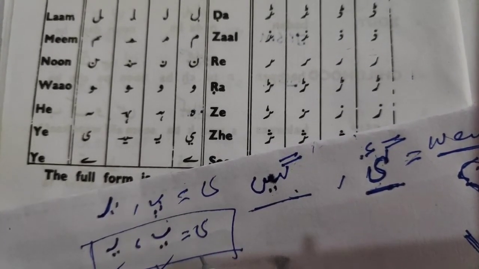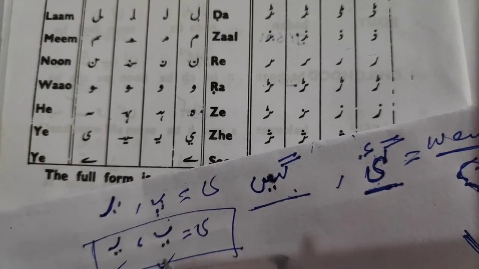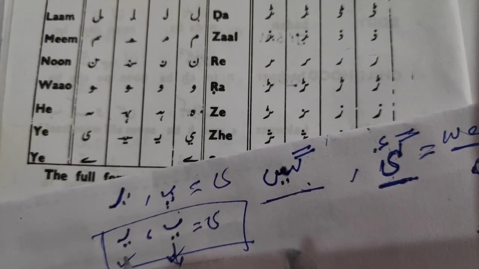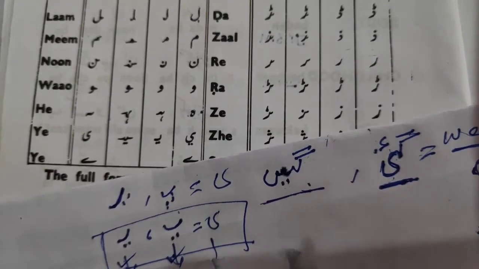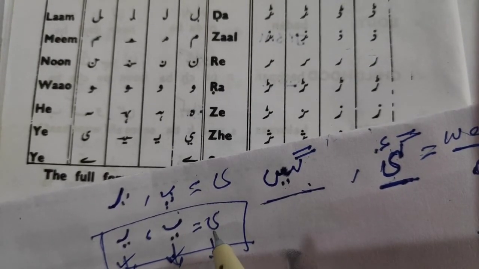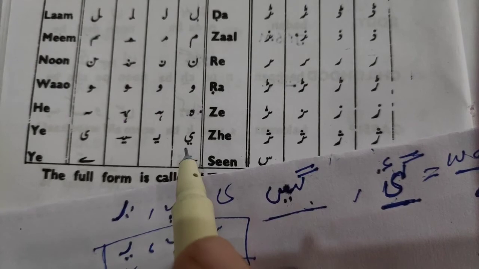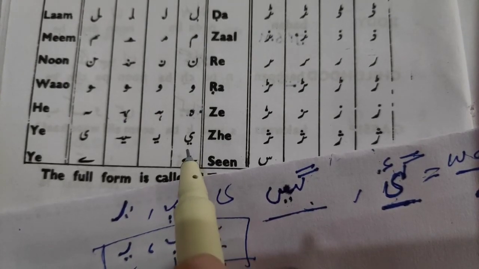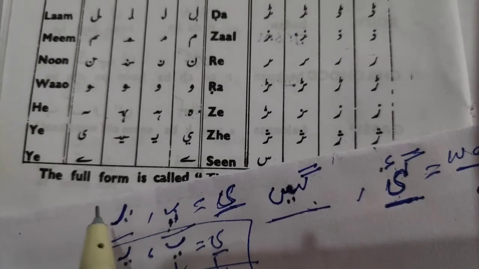This is also ye, this is the short form, this is medial, and this is the initial of the short form of ye, and this is only final. Okay, and this is the full form, and nobody writes it, because only this form is used in final.